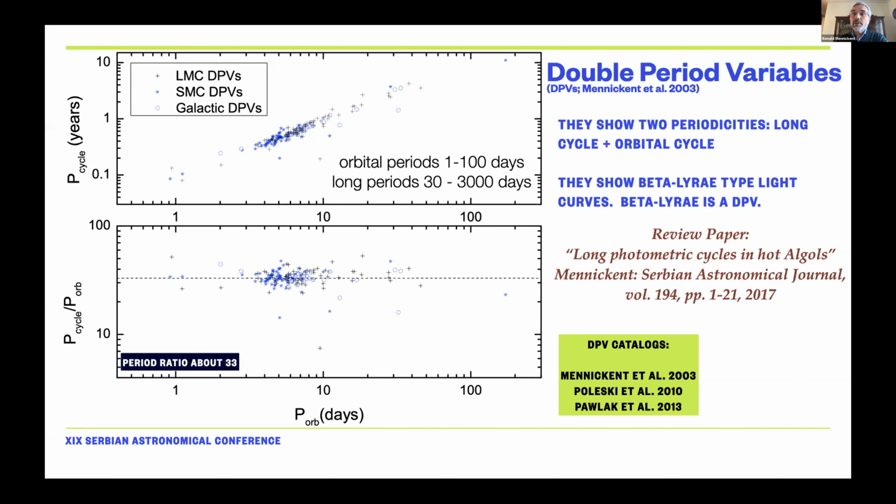So all these double periodic variables show Beta Lyrae type like curves. Beta Lyrae is also a double periodic variable because of the long cycle. The class is summarized in a paper, "Long photometric cycle in hot Algols", published in the Serbian Astronomical Journal in 2017.